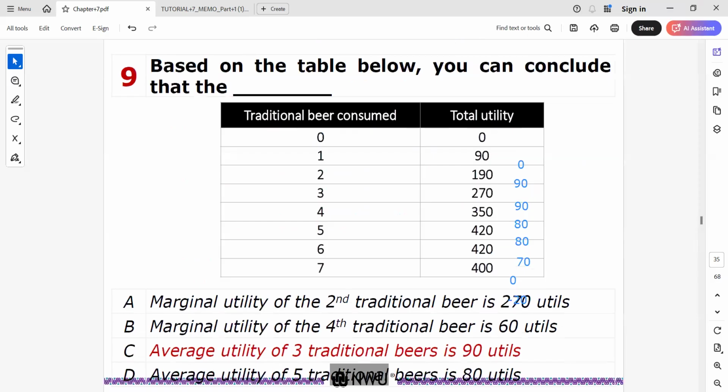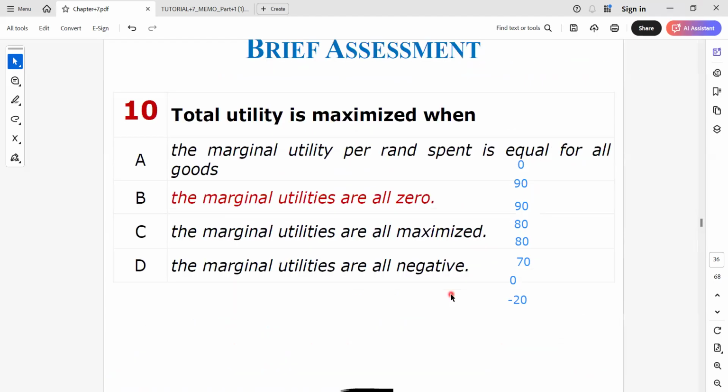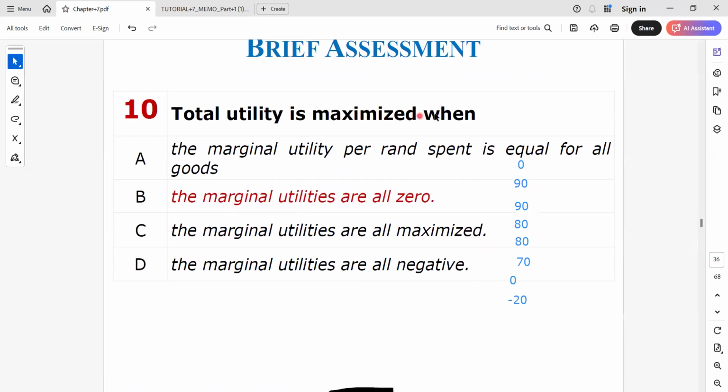They're saying the average utility of 5 traditional beers is 80. So let's go to 5. Here you're going to say 420 divided by 5. You get 84, so it's not 80. Let's move on. Oh, these questions. Total utility is maximized when the marginal utilities are all 0.